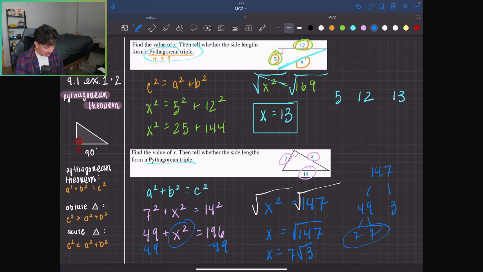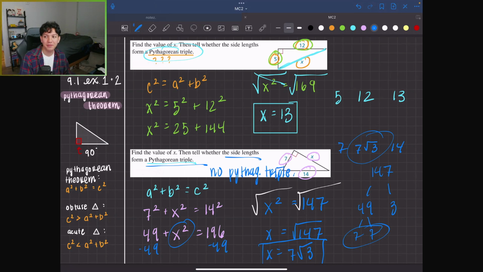So our missing value of x here is 7 root 3. So what are the side lengths? 7, 7 root 3, and 14. Since 7 root 3 is not an integer, there is no Pythagorean triple. But we do know what the missing value of x is, which is 7 root 3. That's it. Okay, bye.